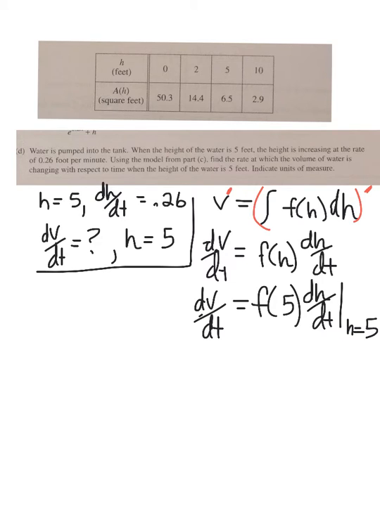Okay, well, f of 5, knowing what f of h is from part C, right? You should still have that in your y1. All you need to do is evaluate that at 5. So if you go to your home screen, remember you hit vars, yvars, enter, enter, and a y1 will pop up. Open a set of parentheses, put in a 5, close it.